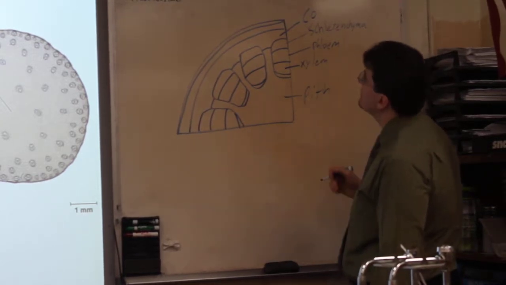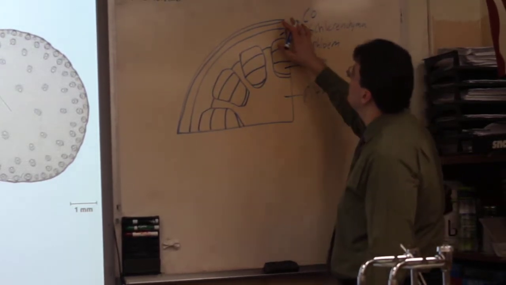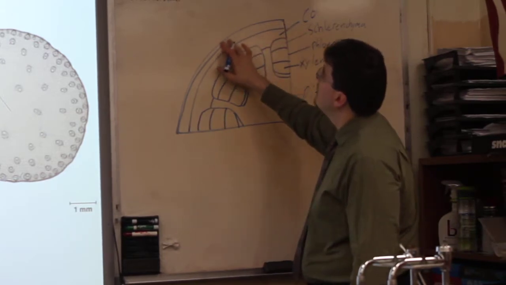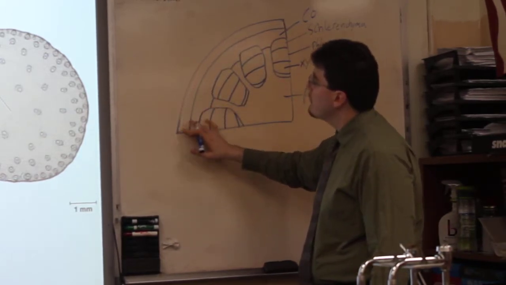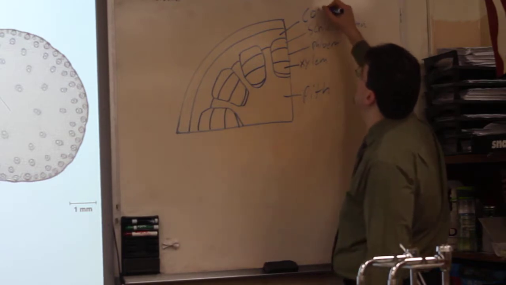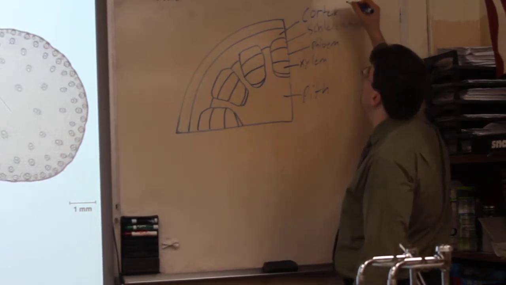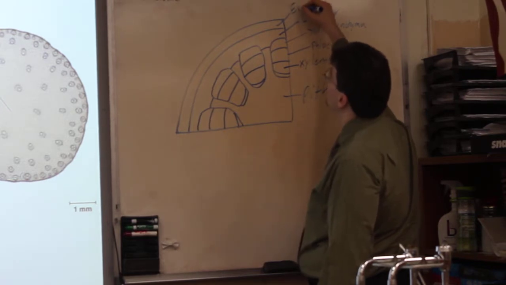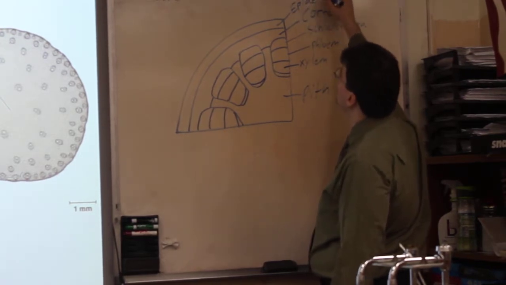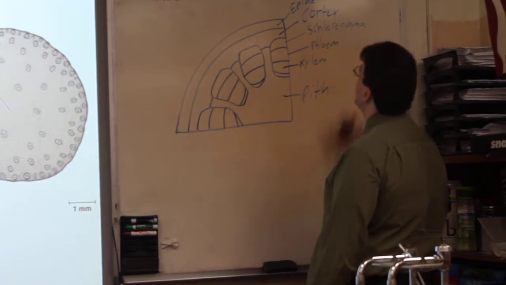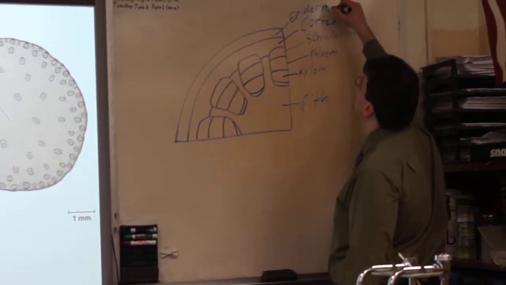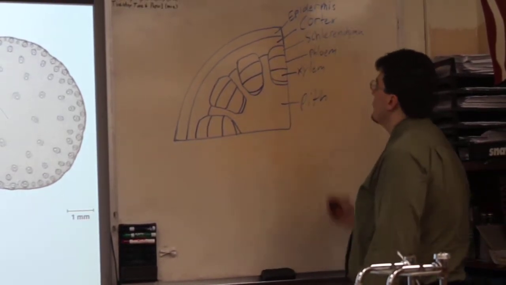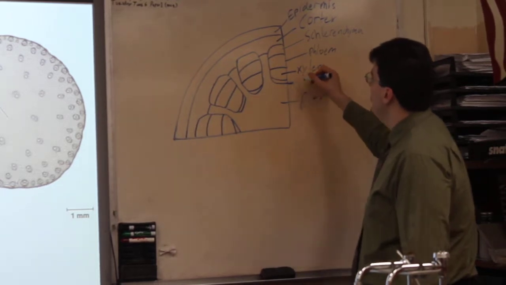Yeah, my cortex is another layer for some reason. I screwed this up. Let's erase that line since I can. Cortex. And my epidermis will be a little bit thick for my liking. I could have made that thinner. Probably should have made that thinner. Epidermis. And this will be down here.